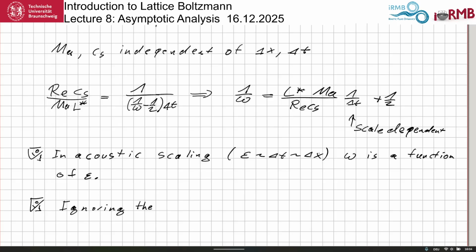And when you meet these people, you get them to agree, but they have forgotten 10 minutes later. So I just warn you, yeah. The dependency of omega on delta t in acoustic scaling is a persistent error in the literature.